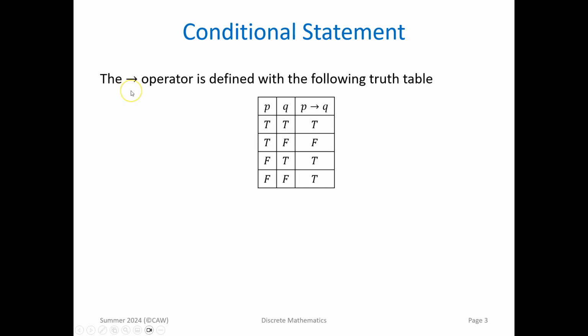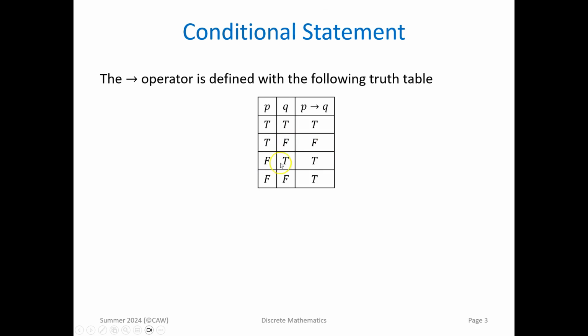So the arrow operator is defined with the following truth table. In a truth table, we put down the variable names P and Q in the left two columns. And then we say, what's the true-false value assigned to P then Q with those combinations of P and Q. If P and Q are both true, we assign a true to P then Q. If P is true and Q is false, we assign a false to P then Q. And I'll talk more about this later.